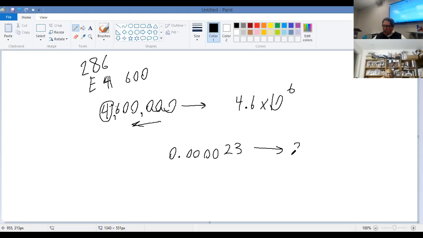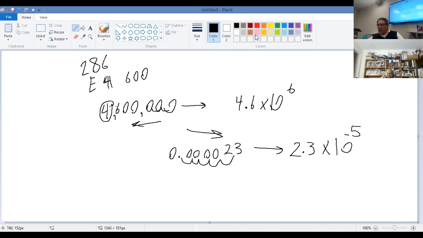So I want to have 2.3 times 10 to the power of, okay, 1, 2, 3, 4, 5. Okay? 5. But what sign should I put here? Minus, because I moved this way. All right?